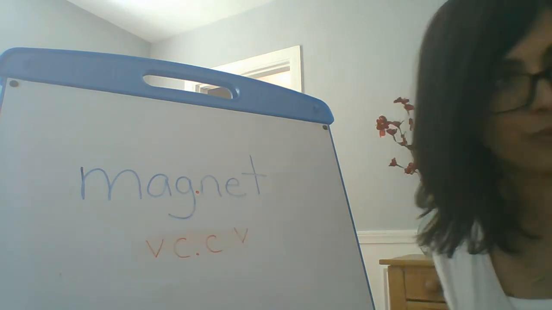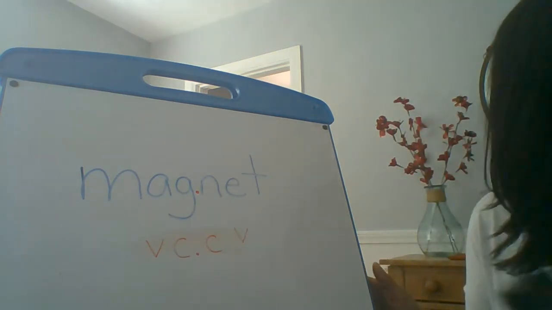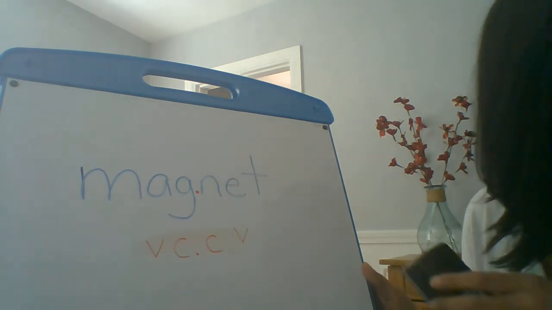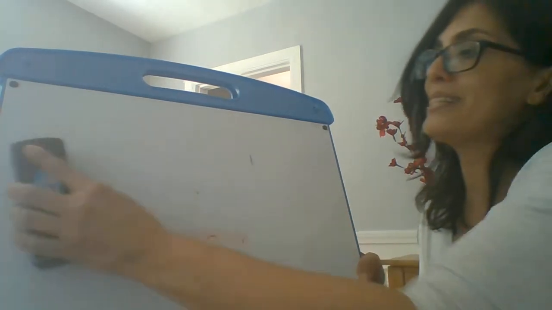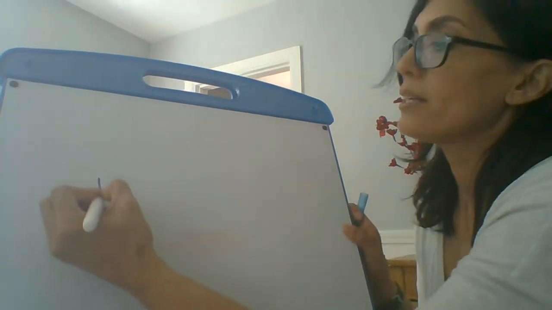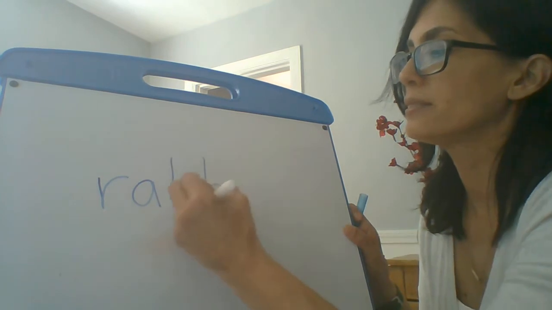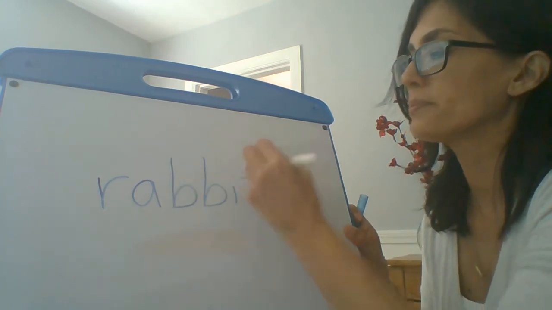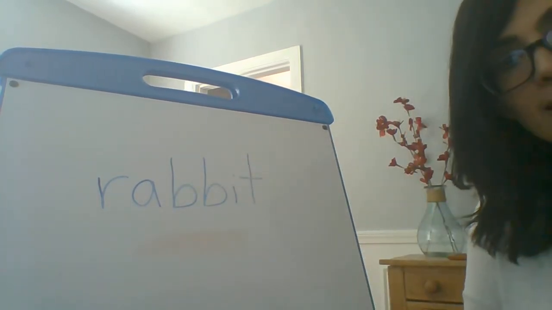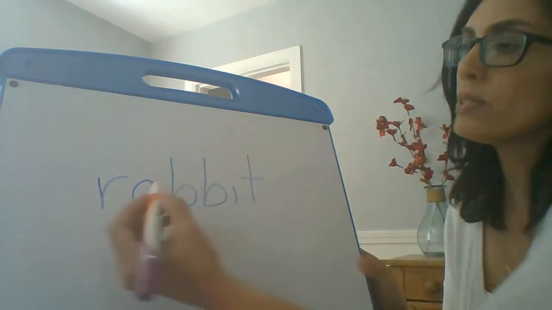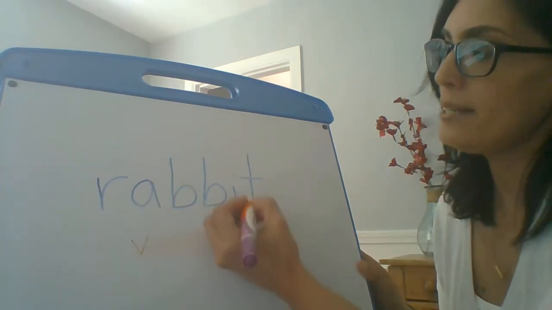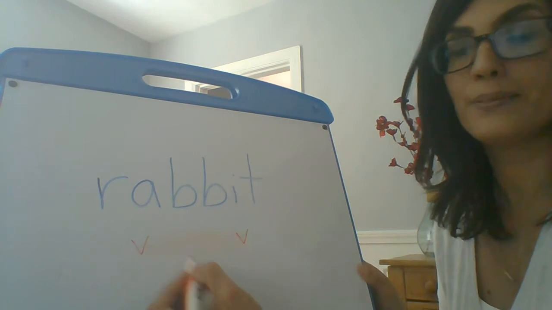Let's try another one together. Okay, I'm going to write the word. Here's my next word that I'm going to write. I'm going to take a look again. I'm going to find my vowels. Here's a vowel A, and here's a vowel I. Take a look.